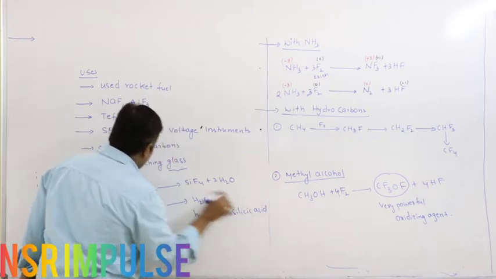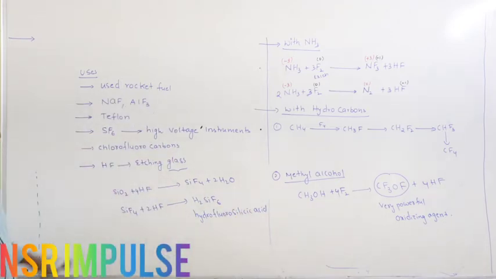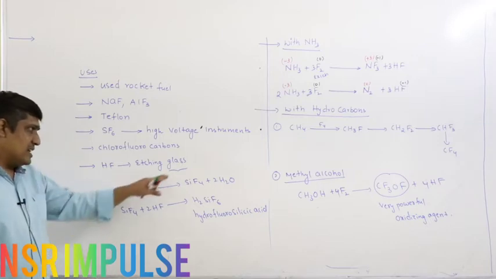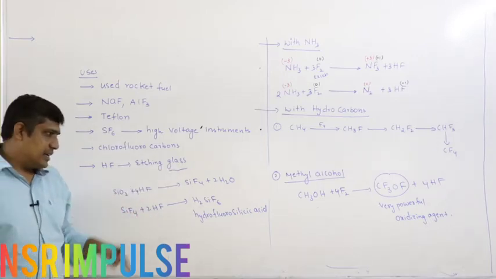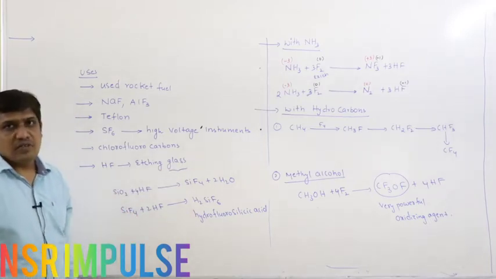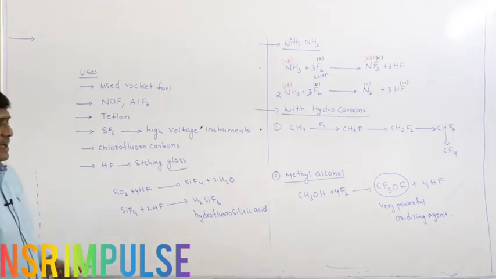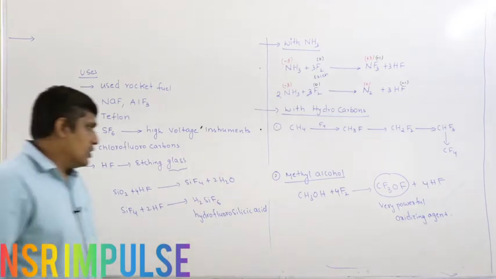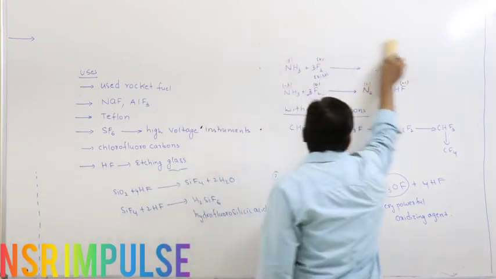So HF is used in etching of glass. So this is about fluorine.